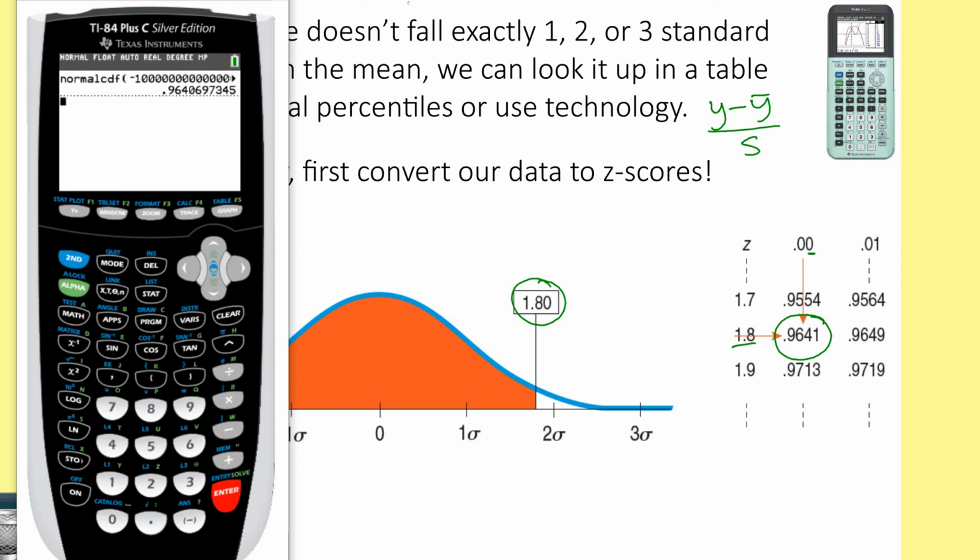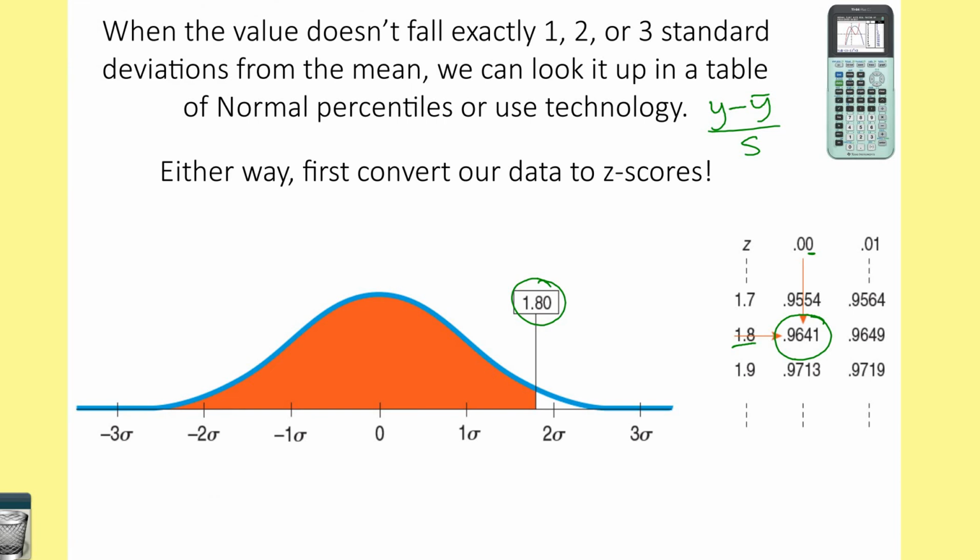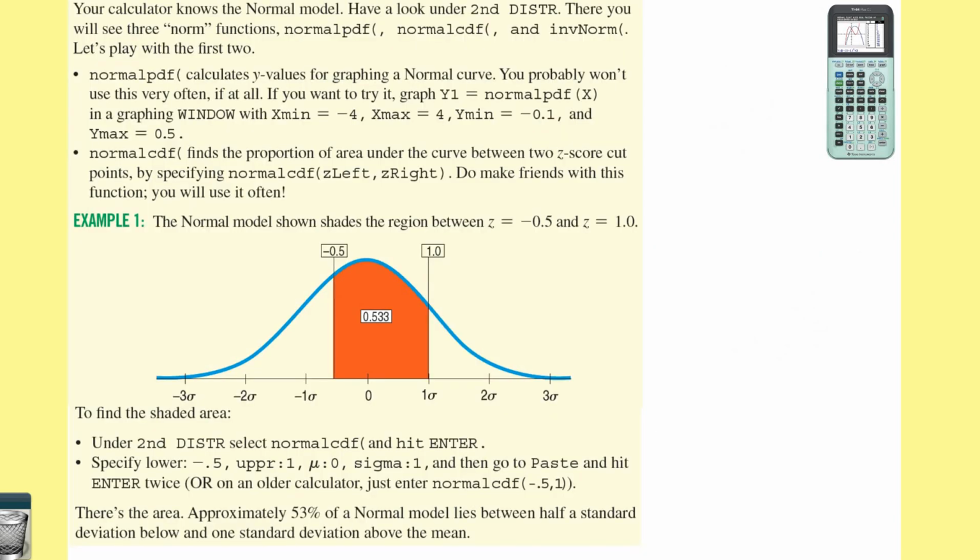Okay? This is just a snapshot from your textbook. Normal PDF, again, is not as useful. You want to use the normal CDF. That finds the area under the shaded region.